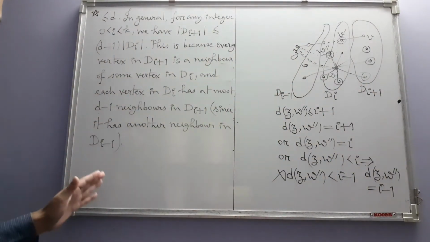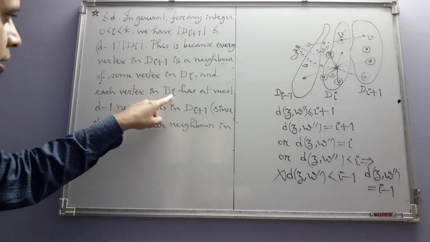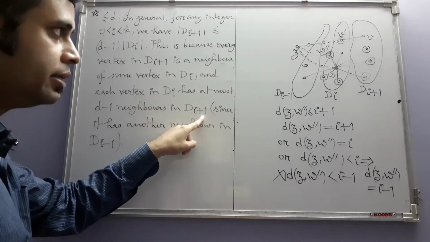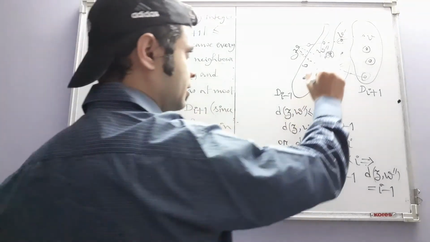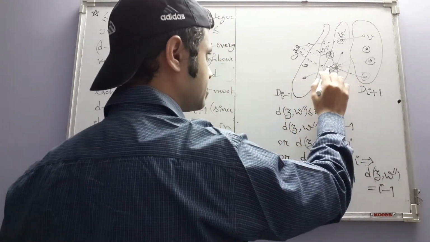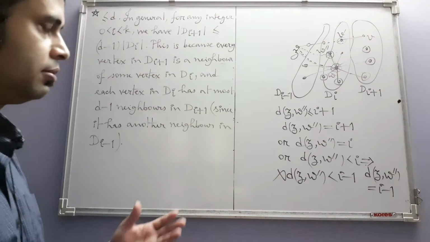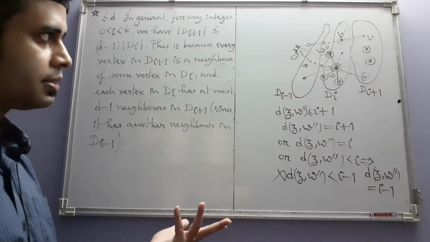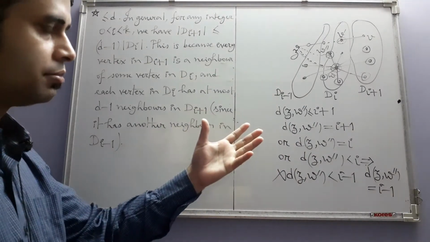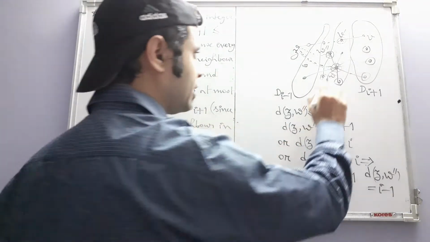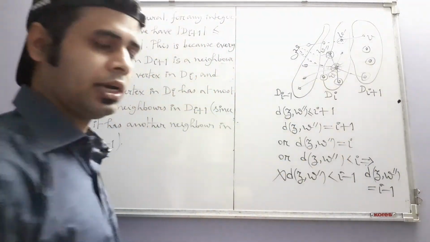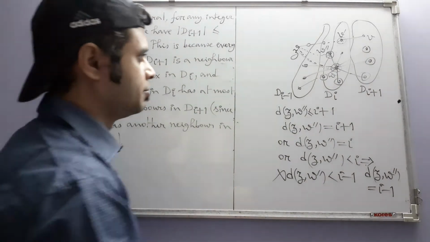So the statement here is this: each vertex in di has at most d minus 1 neighbors in di plus 1. Clearly, if the vertex W prime in di has neighbors in di minus 1, then the vertices in di plus 1 which are neighbors of W prime decrease in number. The more vertices we have here at the lower level, the fewer vertices we have here at the next level.